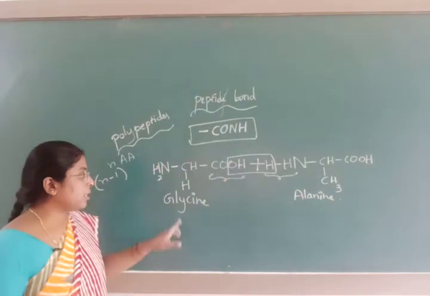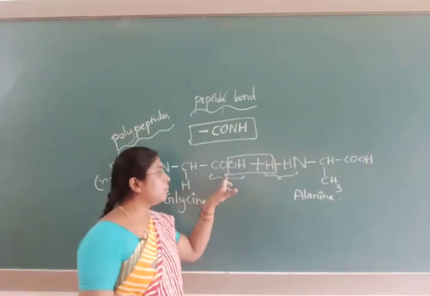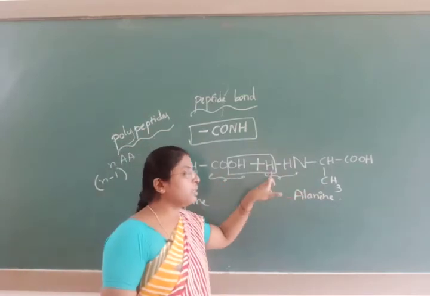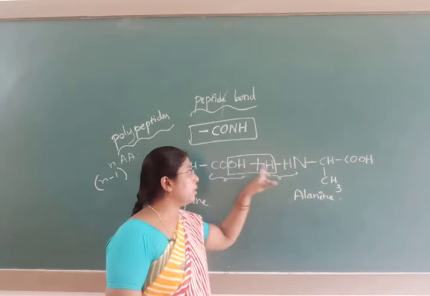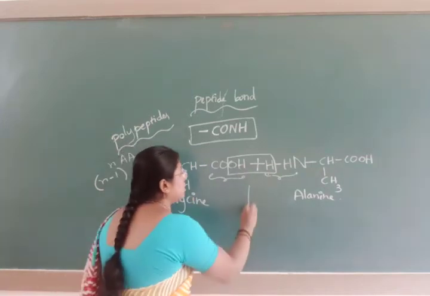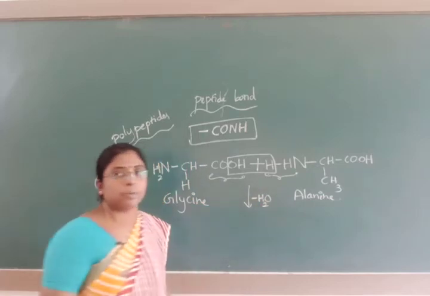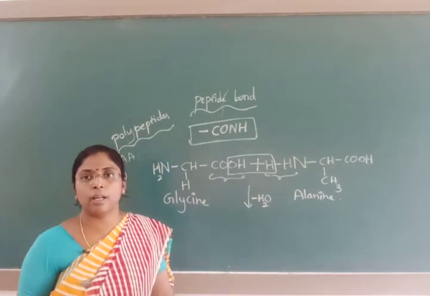When the carboxylic group of glycine reacts with the amino group of alanine, there is an elimination of a water molecule, and the formed peptide is known as glycyl alanine.